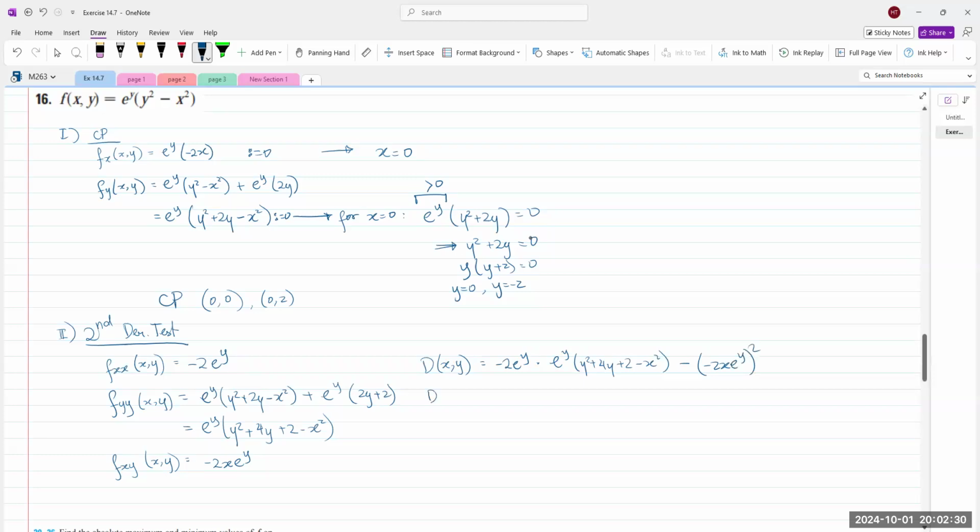Okay, so when I plug in (0, 0), that's negative 2 for f sub xx, and then times 2 for f sub yy, minus 0 squared. That's negative 4, huh? So that's a saddle point at (0, 0). Now, how about at (0, -2)?